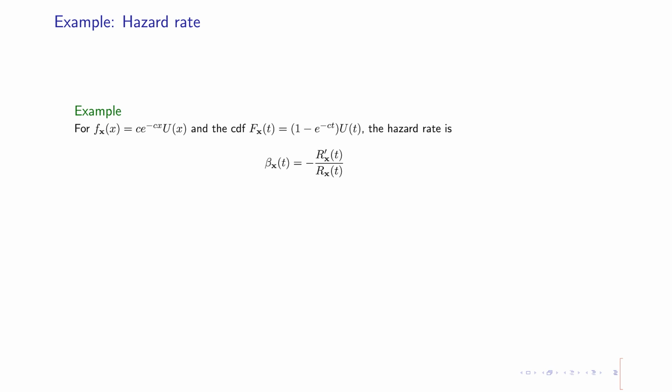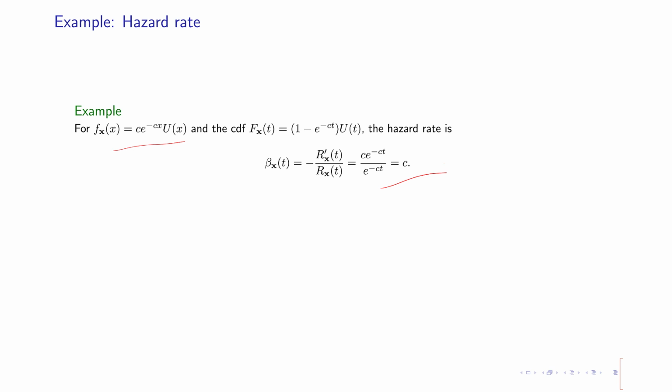Here you get c e^(-ct), and here you get e^(-ct), and it will become equal to c. So quickly you see that for the exponential distribution, the hazard rate is constant, and this is the only distribution which has a constant hazard rate.